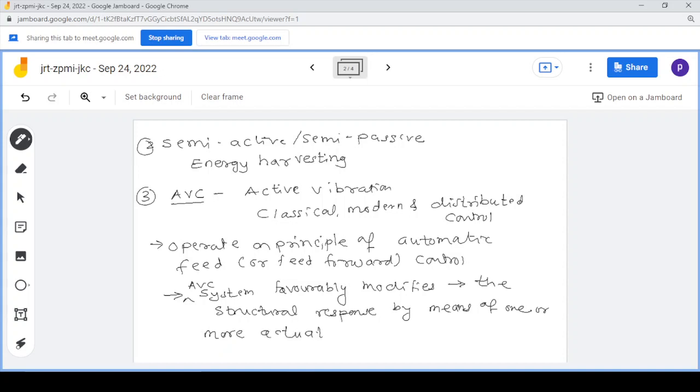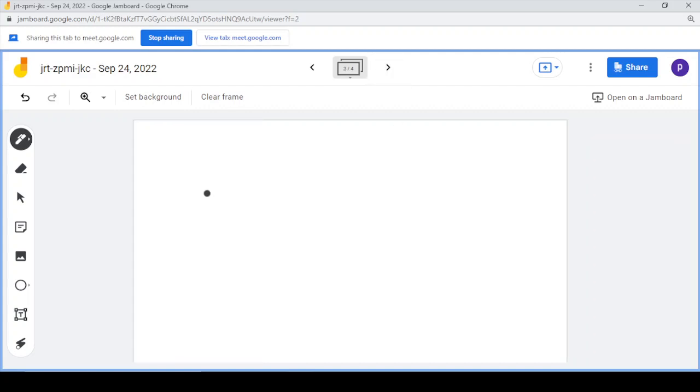Now, what do you mean by this actuation? Active vibration involves sensors and actuators. So, we want to alter the structural response with the help of these actuators or sensors. Okay, how are we going to do this?